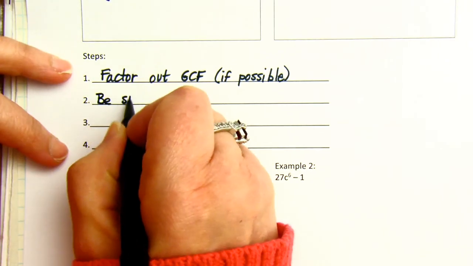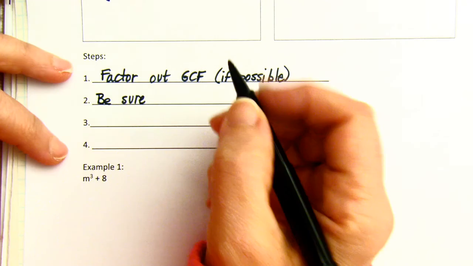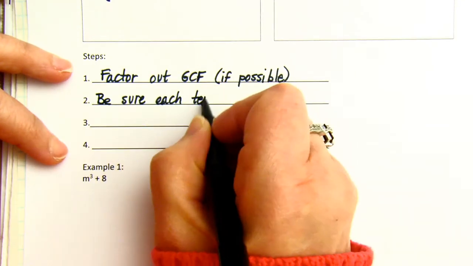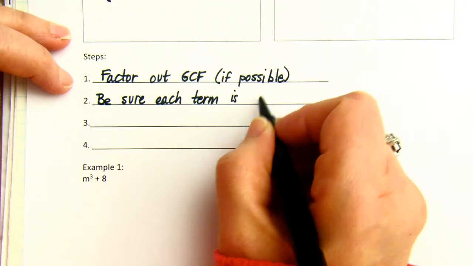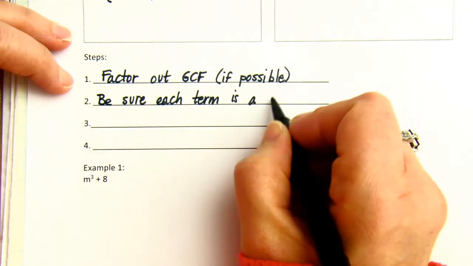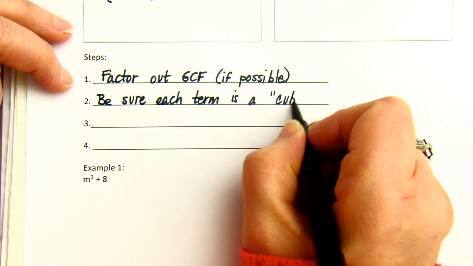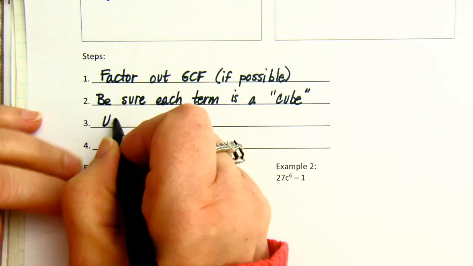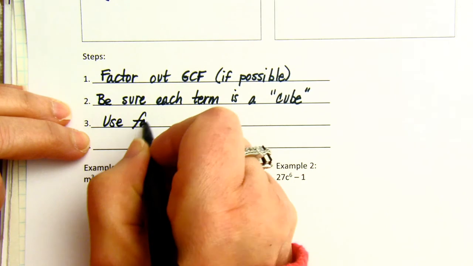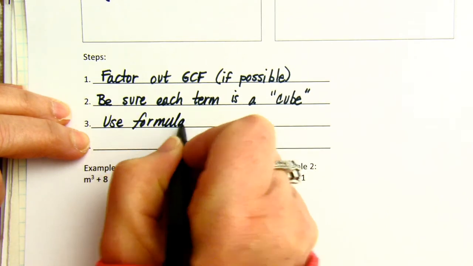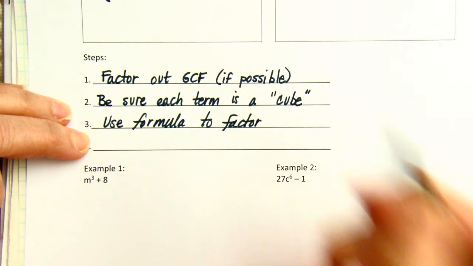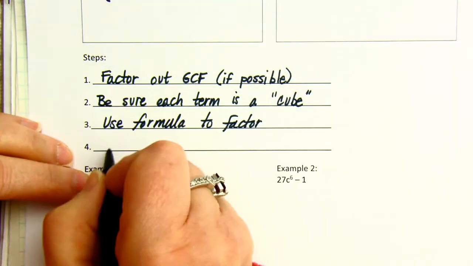So be sure each term is a cube. Use the formula to factor. And then factor completely.